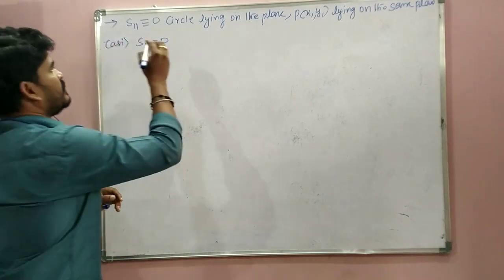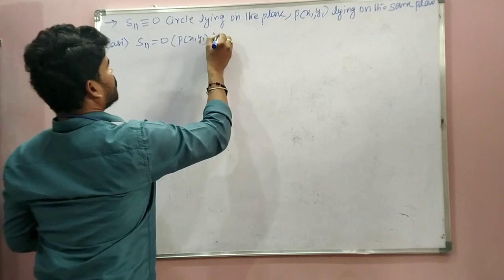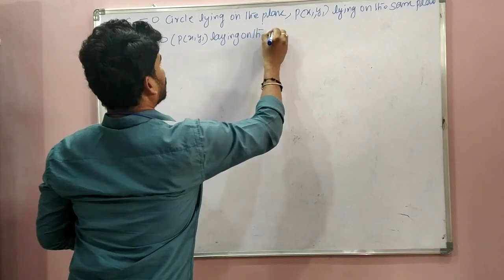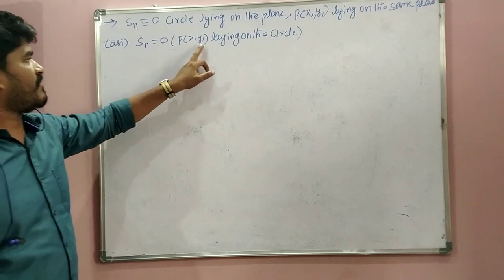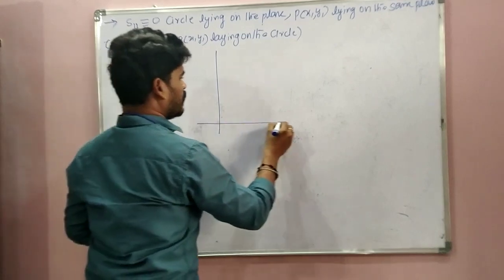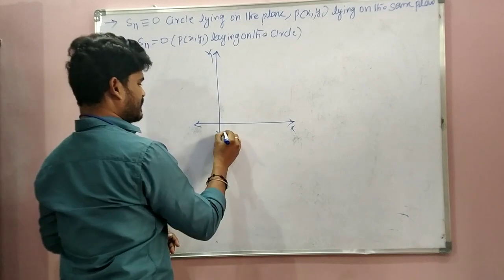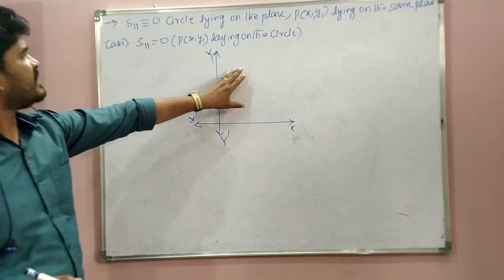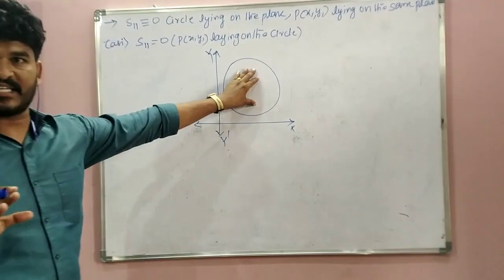The point P(x1, y1) lies on the circle, in the plane of the x, y axes. Here the circle is lying in the plane.